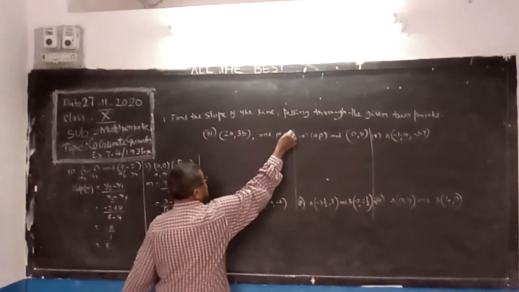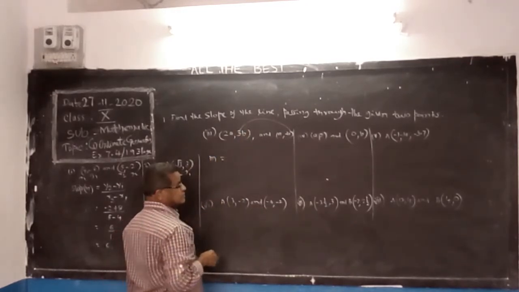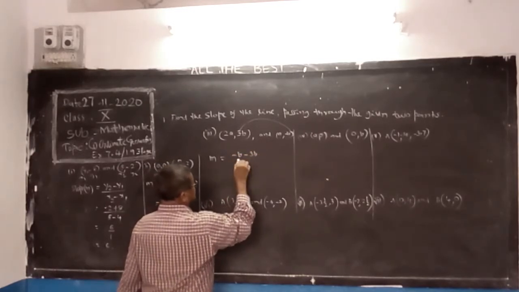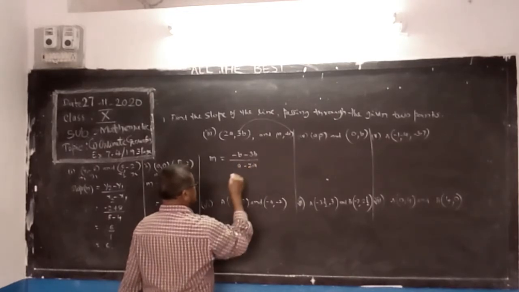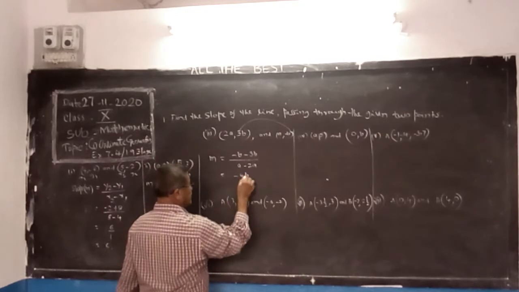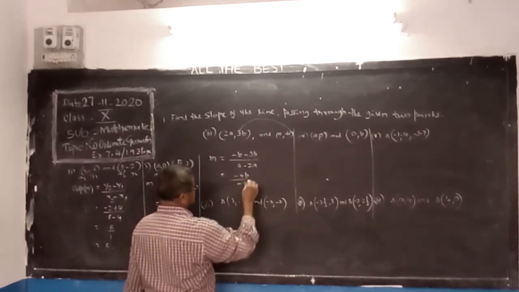Now slope m is equal to 3b minus b by 2a minus a... Now these are like terms, 4b by a, minus minus cancel.